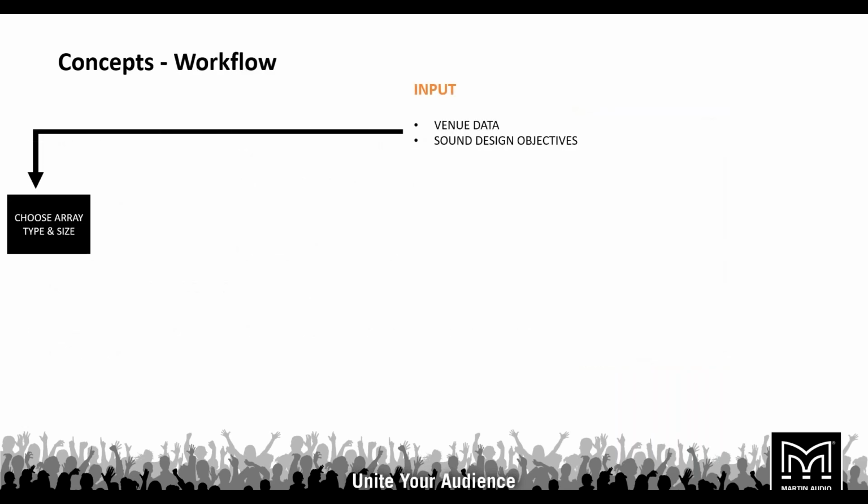So the very first concept, just to recap on the workflow and how Display works: Display is a very powerful tool, and we come to it with just a couple of things.